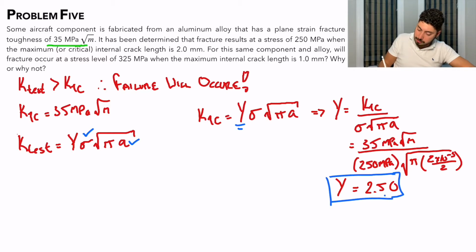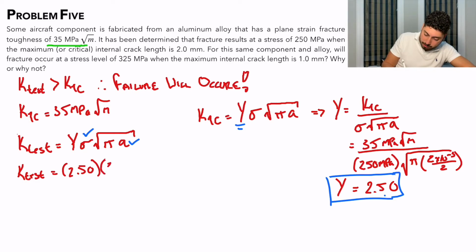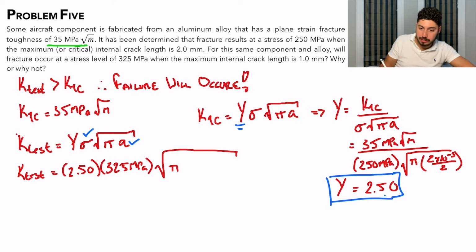So now we can substitute this value into our test conditions and solve for our fracture toughness of our test. So K test is equal to 2.50 times the stress of our test condition, which is 325 megapascals, times root pi, and again, we're given internal crack length, so we should do 1 times 10 to the minus 3 meters divided by 2.